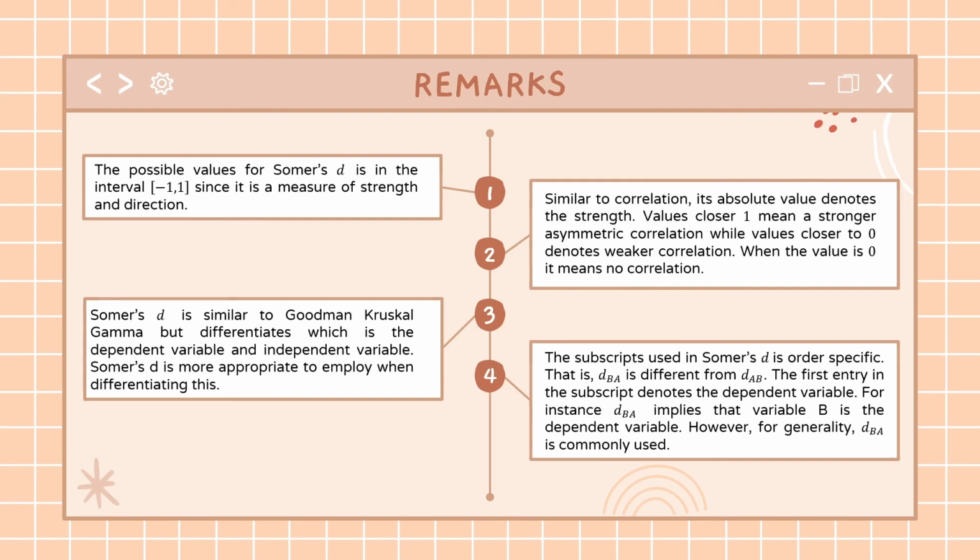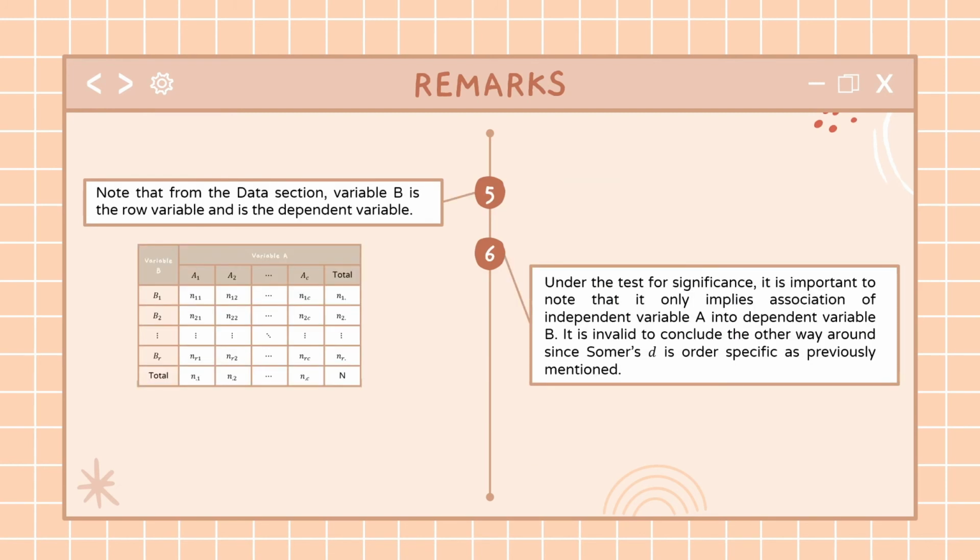The first entry in the subscript denotes the dependent variable, and for instance, yung DBA natin, kapag ito yung pinag-uusapan natin, B is your dependent and A is your independent. Pero, for generality na lang, yung default natin is DBA, which is commonly used naman. So, stick na lang muna tayo sa DBA.